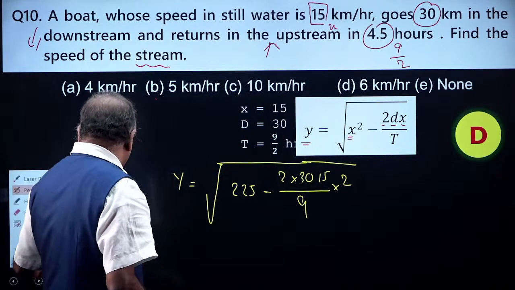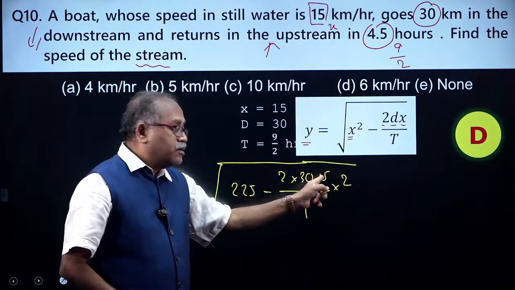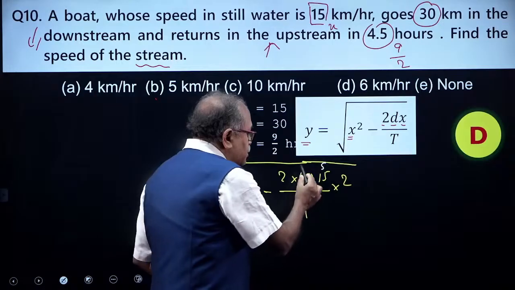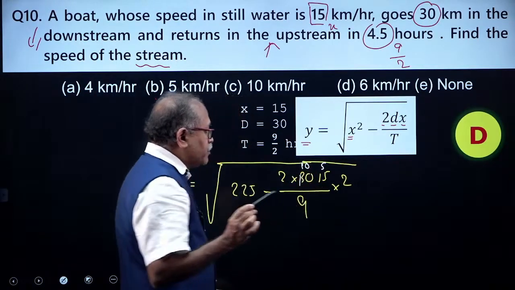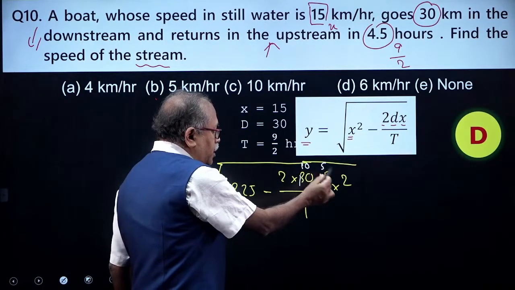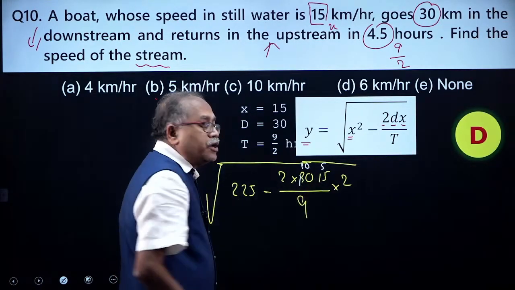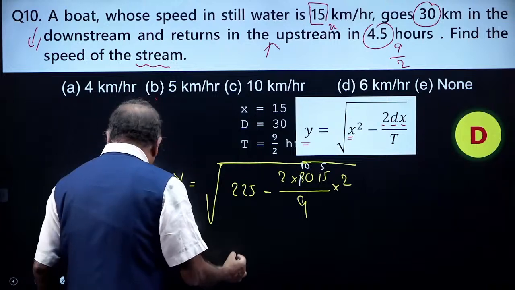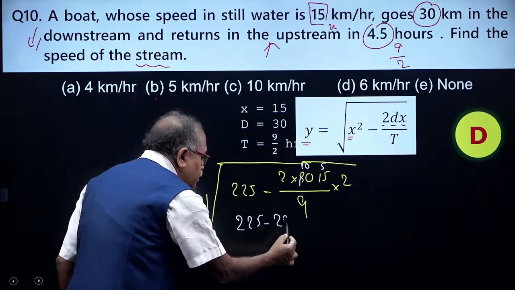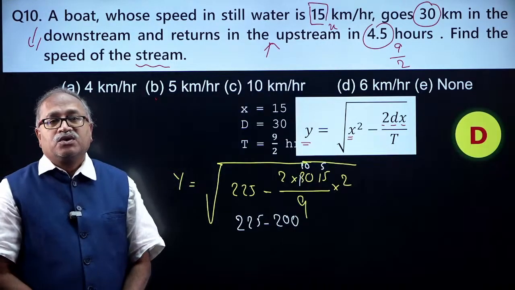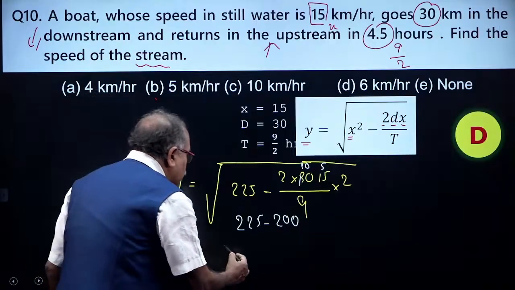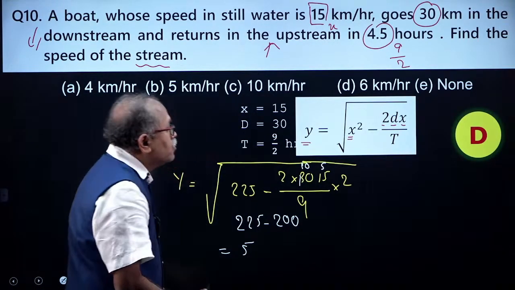You notice that when I cancel these numbers, with 3, 5 times, 1, 3 is left, with that 3 this is 10 times, am I right? So that's 5 and 4 20, so 200. So inside the square root it is 225 minus 200, which is nothing but square root of 25, and the square root of 25 is 5. So, y is equal to 5.